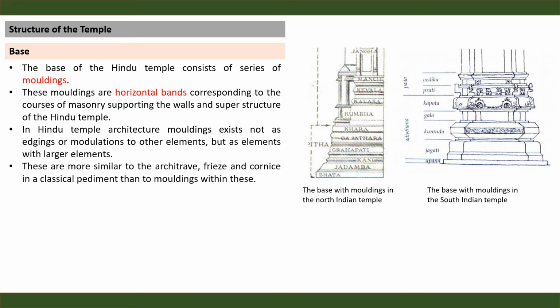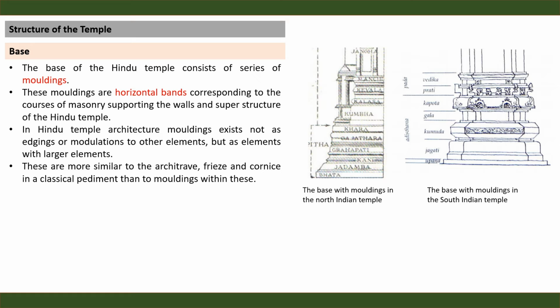And next is the structure of the temple, that is the basic elements which impart stability to the structure of the Indian temple, that is base, wall and supporting elements. First one, base. The base of the Hindu temple consists of a series of moldings, as you can see in the figure.